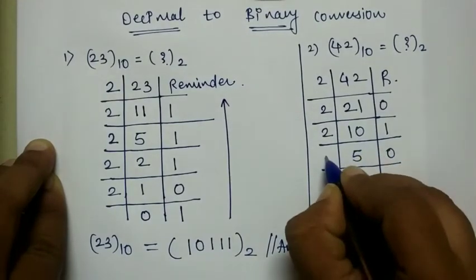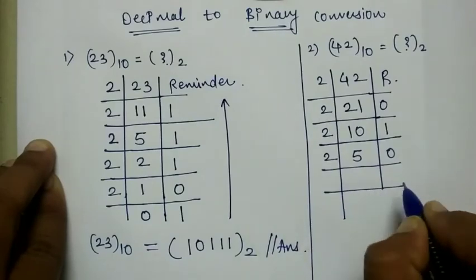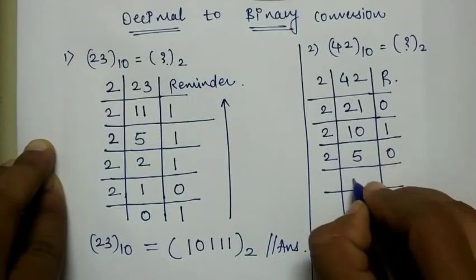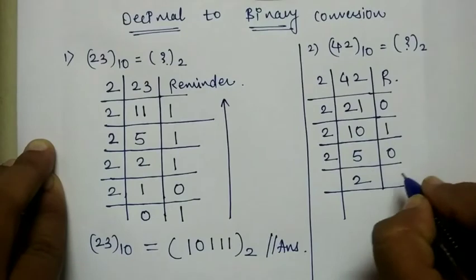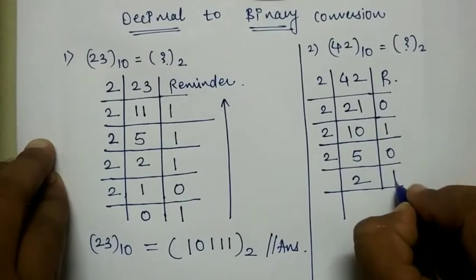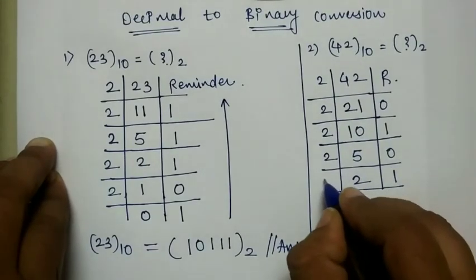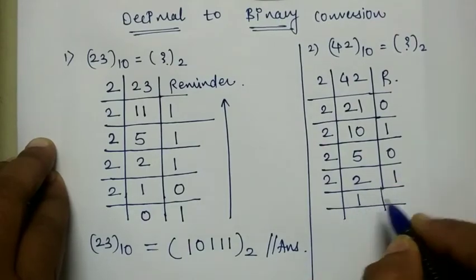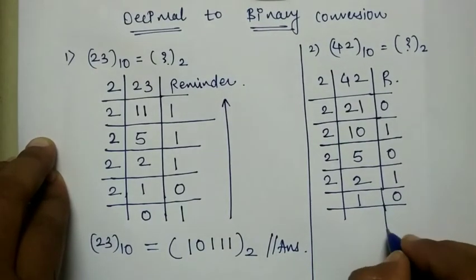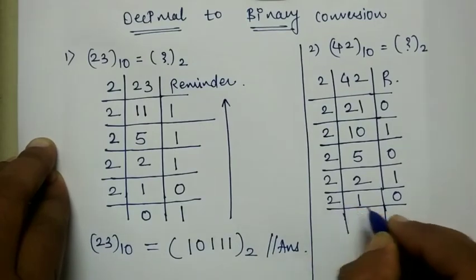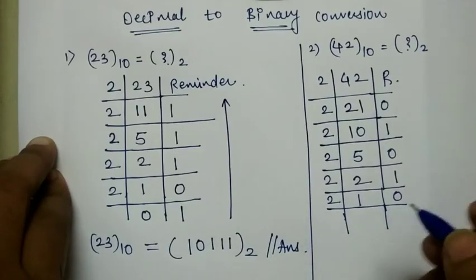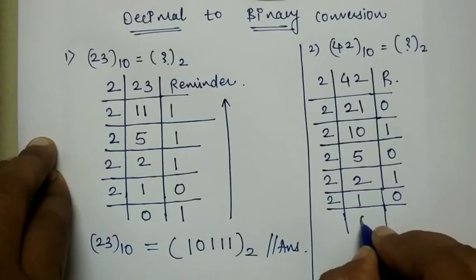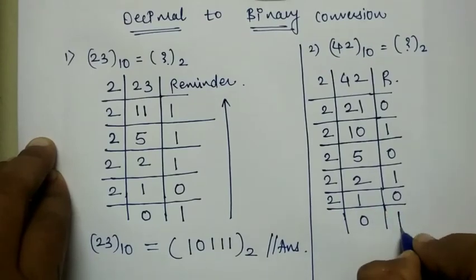If we divide this 10 by 2, the quotient is 5 and the remainder is 0. If we divide this 5 by 2, the quotient is 2 and the remainder is 1. If we divide this 2 by 2, the quotient is 1, remainder is 0. And now if we divide this 1 by 2, it is not divisible by 2, so we write 0 here. This 1 is transferred here.